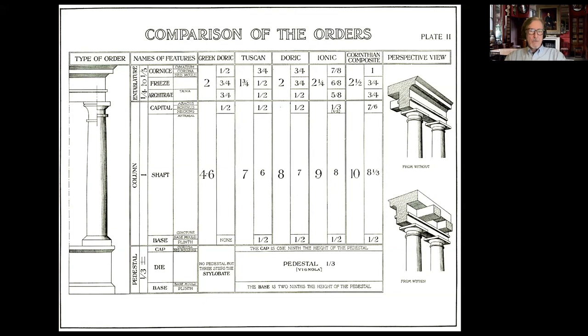So for example, the ratio of the Tuscan column, as you can see in this chart, is 1 to 7. In other words, it's 7 diameters tall. And because this is a relative proportional measurement and not an absolute measurement, this proportional scheme can scale up and down to conform to any size of structure.